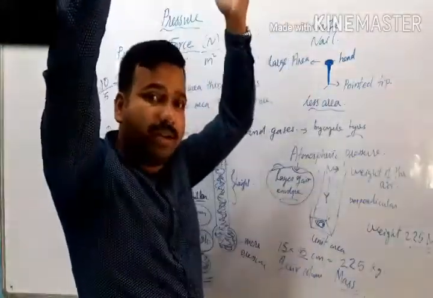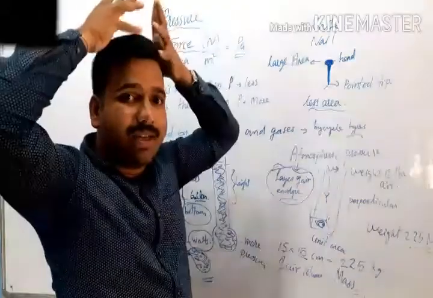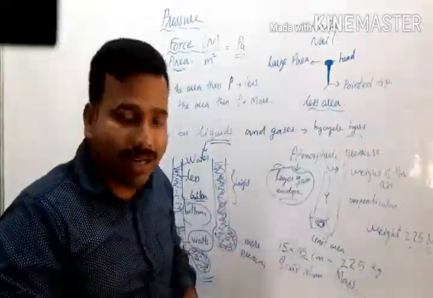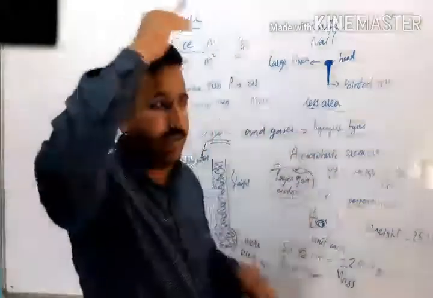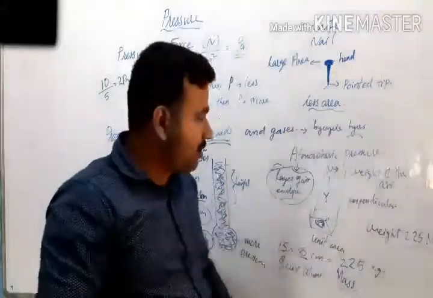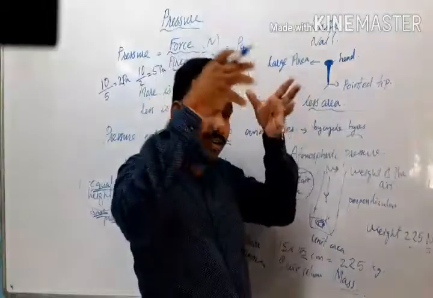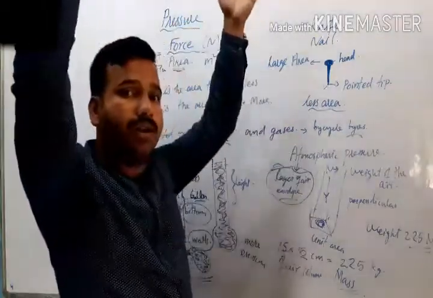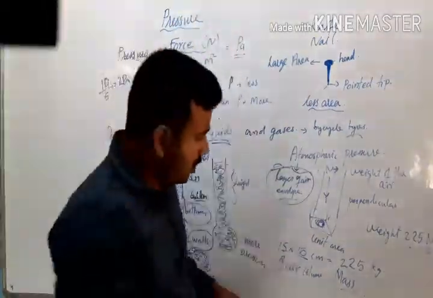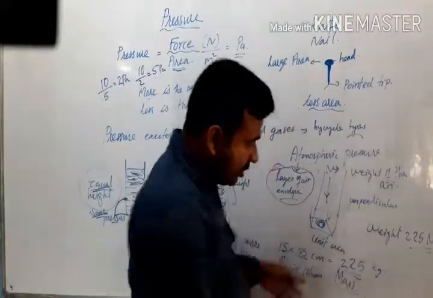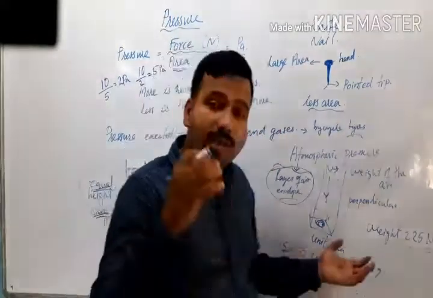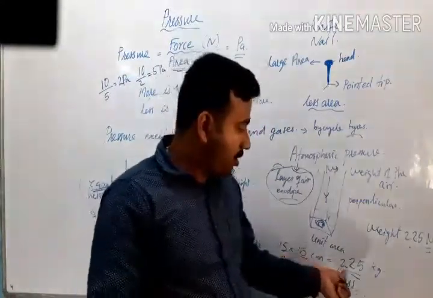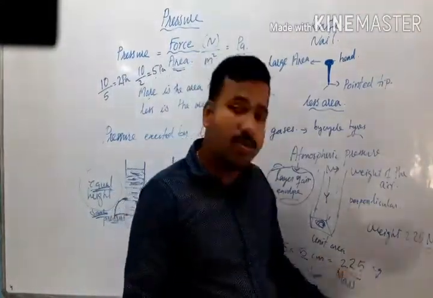the air cover will exert a force on your head, which is actually perpendicular to your head. As you are standing on the ground, the air which is present just above your head will press you down. So it is calculated that this particular pressure is equal to the mass of 225 kilograms.